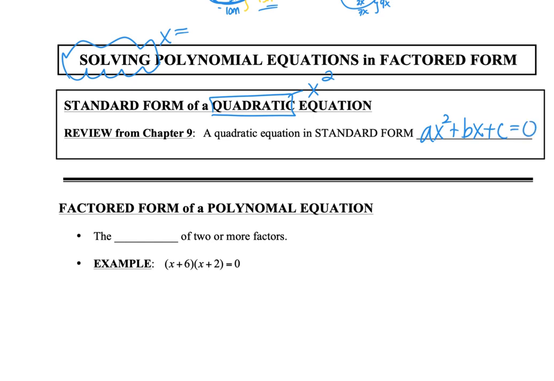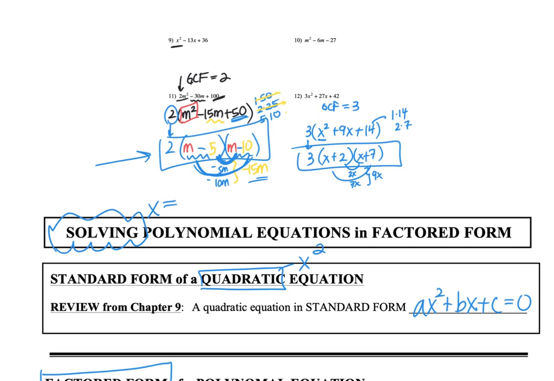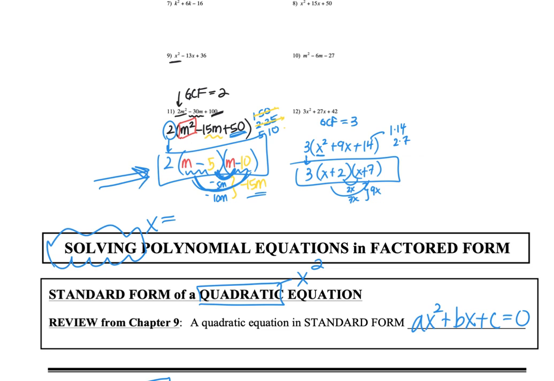Now, that quadratic equation can be then written in what we call factored form. Well, guess what factored form is, friends? It's what we've been practicing right here. So all of these problems are in standard form. They don't say equals 0, but they still are in standard form because I have an ax squared, I have a bx, and I have a c.